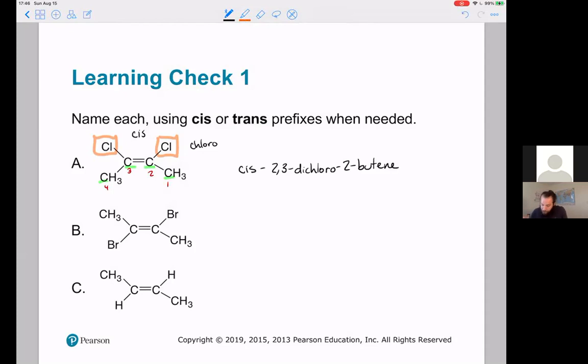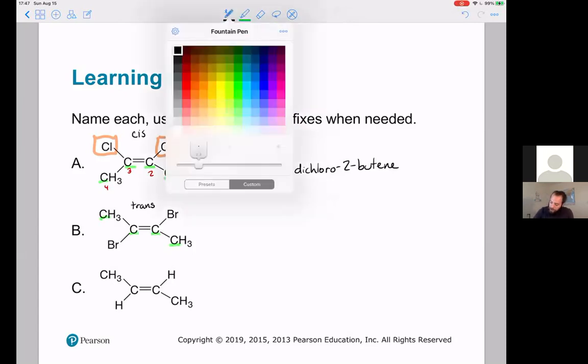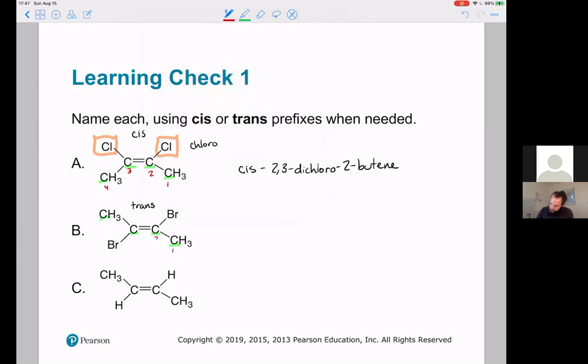Going to B, again, let's first establish whether it's cis or trans. Here our bromines are pointed on opposite sides, so it's trans. And then from there, everything else is the same in terms of finding the parent chain. So that's those 4 carbons. Numbering the parent chain, for some reason in this example I numbered right to left.